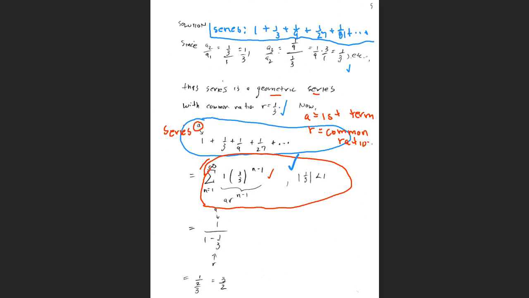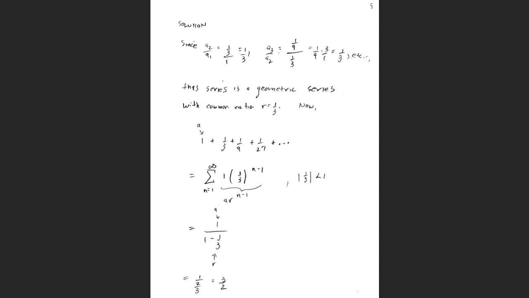But I could just go really from here to here, because I know the first term A is equal to 1, and the common ratio is equal to 1/3. What I'm trying to say, let me be even more clear, is this.